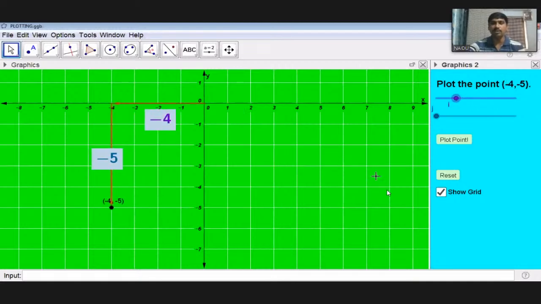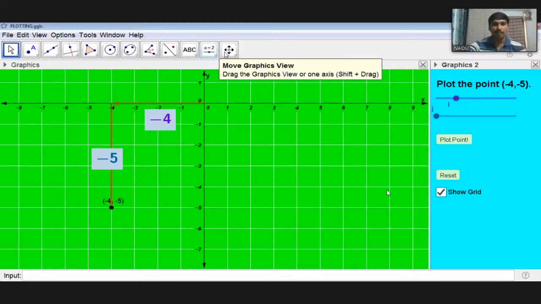Now let us observe this one. Now this is minus 4 comma minus 5. So from the origin minus 4 units, and similarly minus 5 along the negative direction of y-axis. So downside. Finally this will be the point minus 4 comma minus 5.